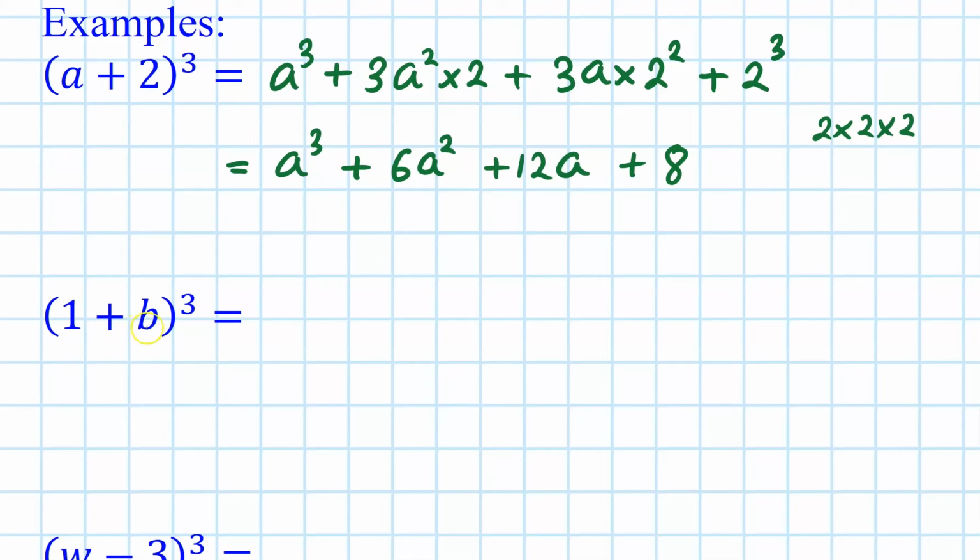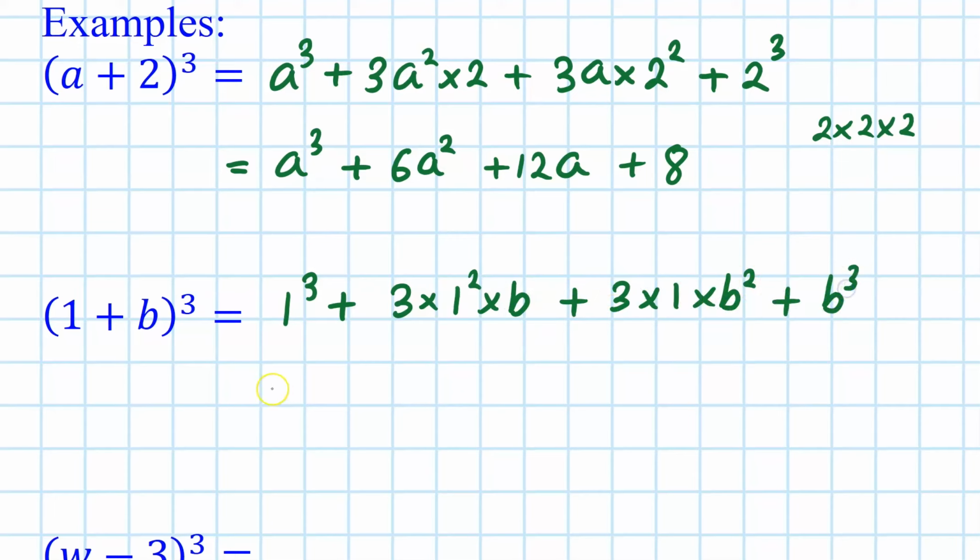Next one, (1 + b) cubed: 1 cubed plus 3 times 1 squared times b, plus 3 times 1 times b squared, plus b cubed. That is 1 plus 3b, we can see any power of 1 is 1, hence we can easily write this plus 3b squared plus b cubed.